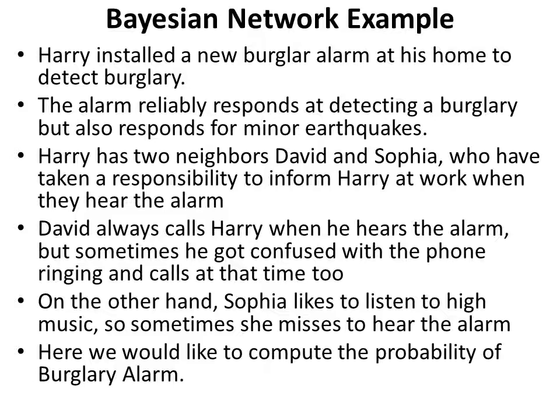On the other hand, the next neighbor Sophia likes to listen to loud music, so sometimes there is a possibility that she misses hearing the alarm. Here we would like to compute the probability of the burglar alarm. So this is the example given to build the Bayesian network.